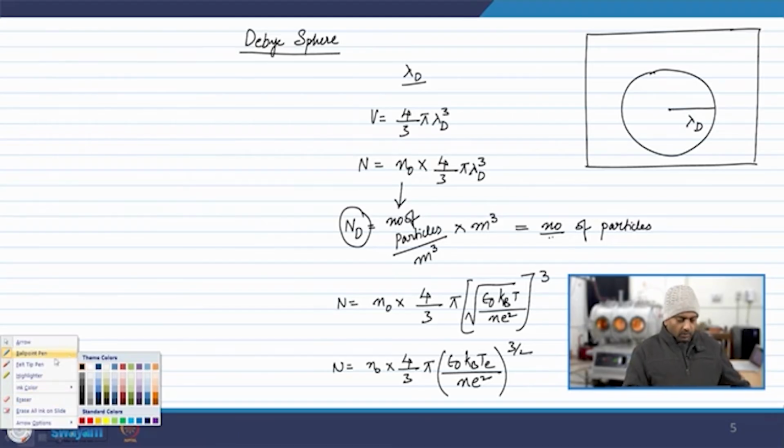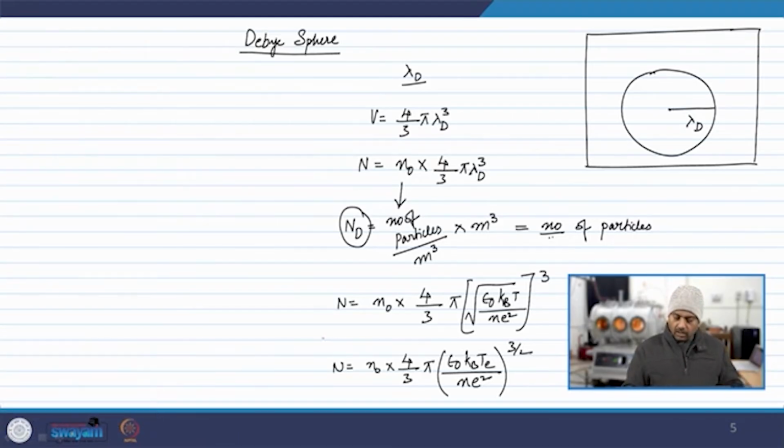This will tell you how many particles there are inside the Debye sphere in a three-dimensional construct.